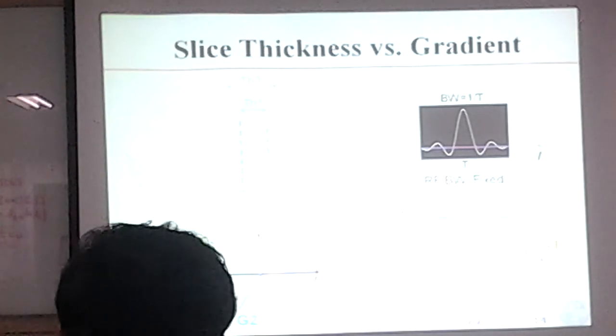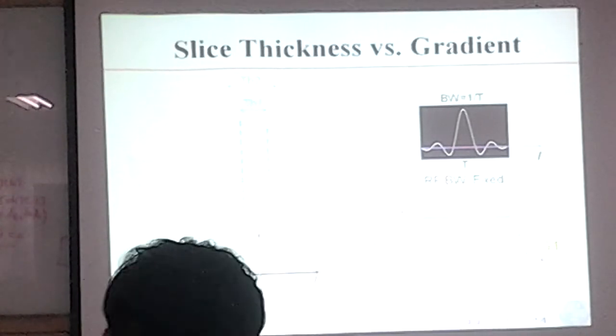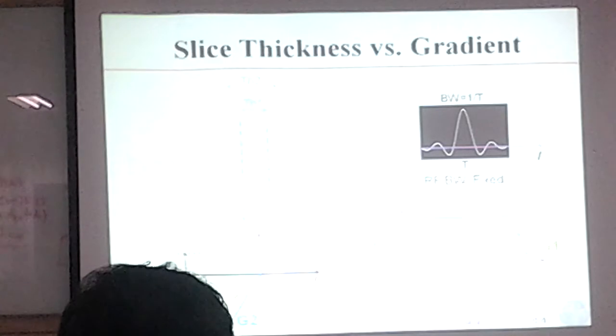This slide shows the different methods to control the slice thickness. Here the pulse width of the RF is fixed at a large T. That means the bandwidth is fixed, but the gradient slope is changed by applying a different gradient waveform like this.